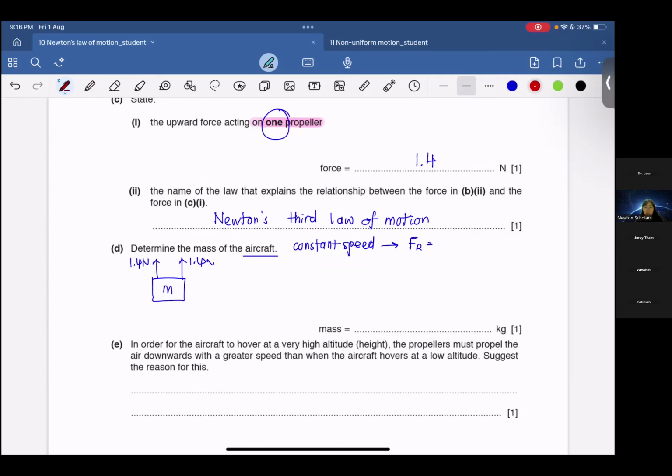Are you able to calculate and then tell me your answer? I gave you the hints already. Here we have weight. But how do I know my weight? Do it and then tell me.